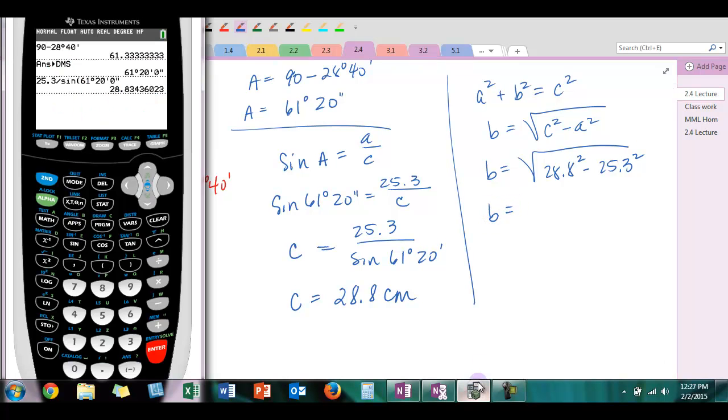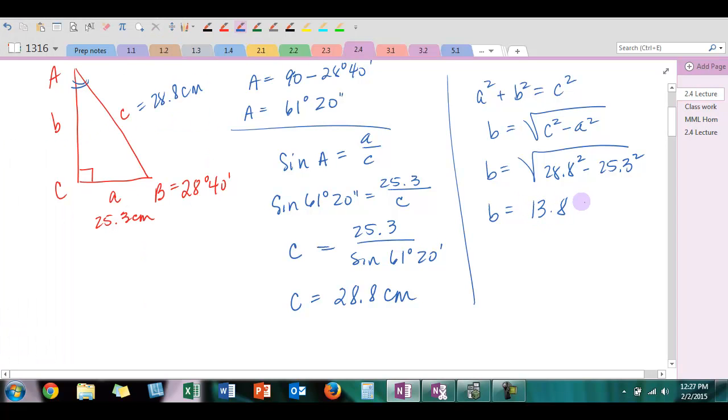In the calculator, we do second square root, 28.8 squared minus 25.3 squared. Enter. And I find out that side B is actually, if I'm rounding, 13.8 centimeters. And that's how you find the three sides and three angles of that triangle.